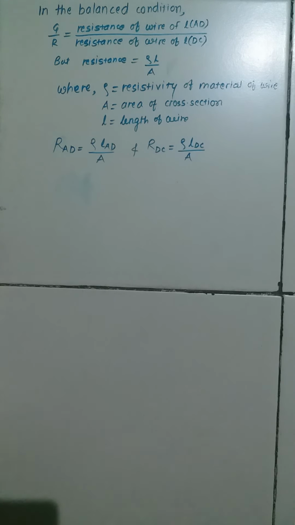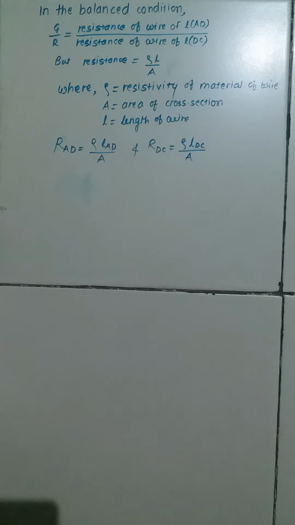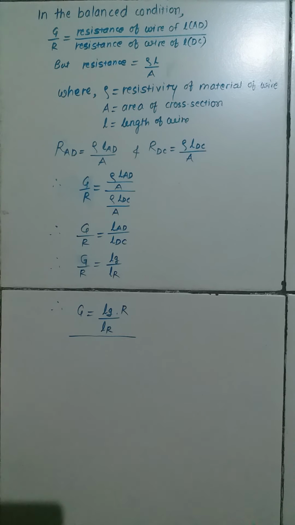Substitute these values and arrange the formula for G. So unknown resistance of galvanometer G is equal to Lg upon Lr into R. By knowing these three values Lg, Lr and R, the resistance of the galvanometer can be calculated.